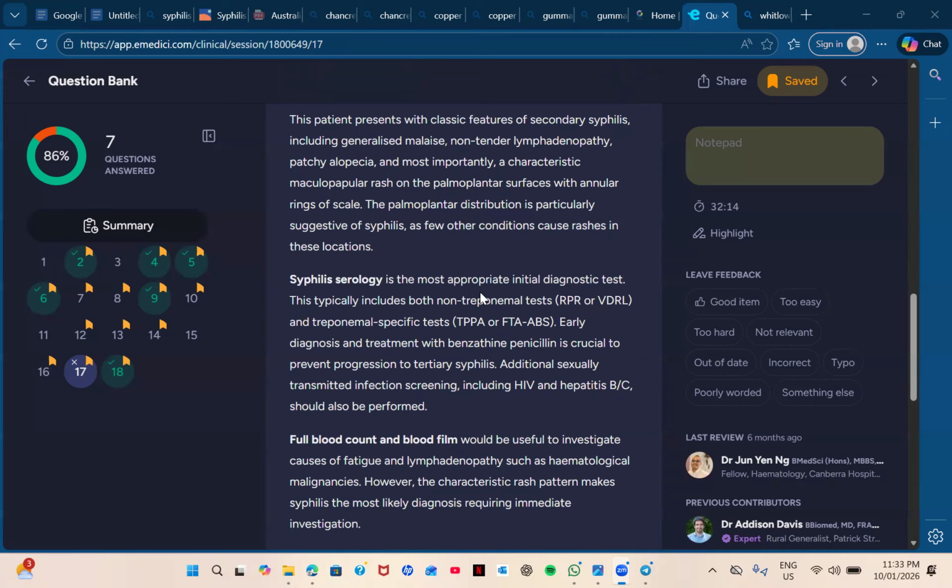The RPR test we use to screen the patient and monitor the treatment, right? Even reinfection, we have to monitor and screen.